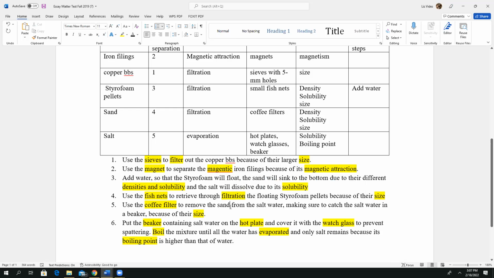Remove the sand by filtration. Again, right? So that would be the other one that I would have been looking for. Okay. So that would be how I would grade this. Remember that rubric? I would be applying it here.